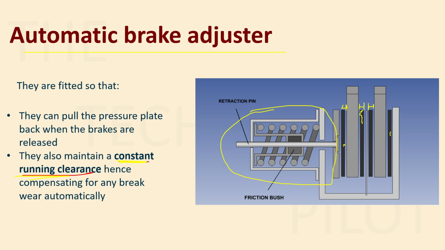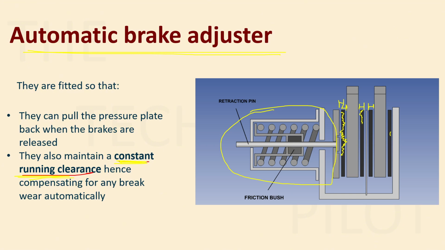Your automatic brake adjuster compensates for this loss of material, for this loss of brake pads and stator. With time this will be rubbed, but because of the automatic brake adjuster, the gap between stator and rotor, the running clearance, will be kept constant.